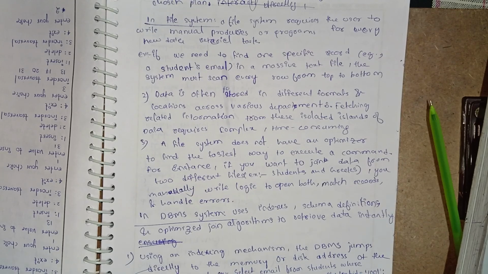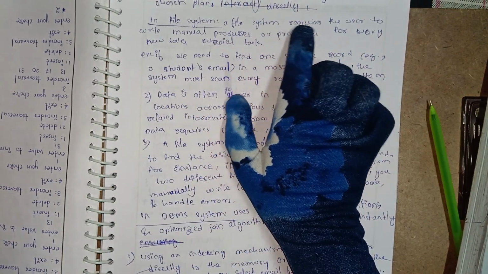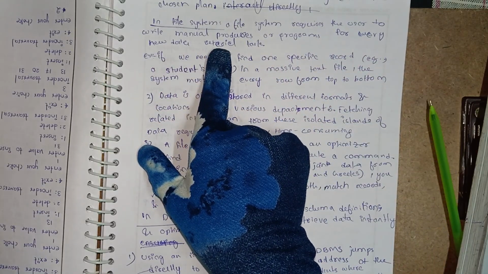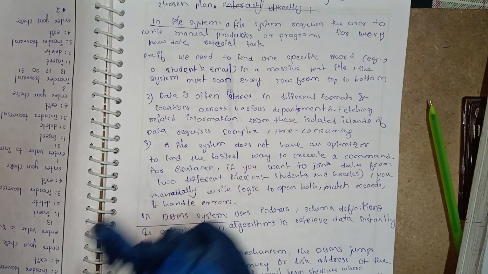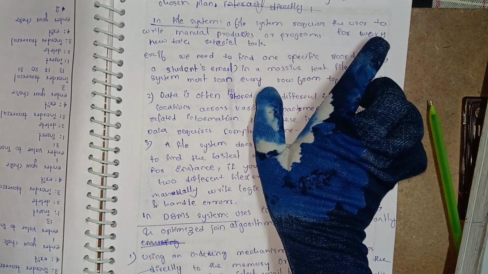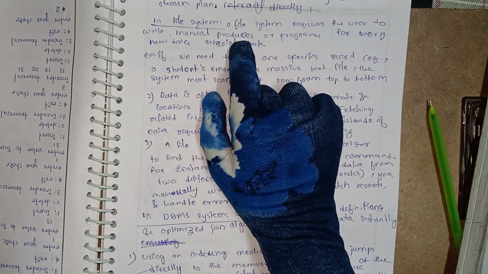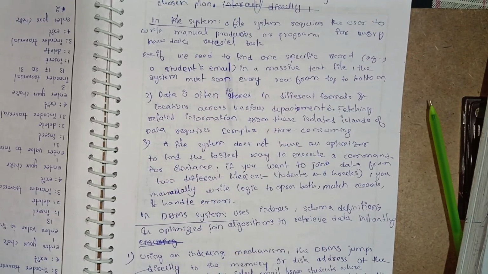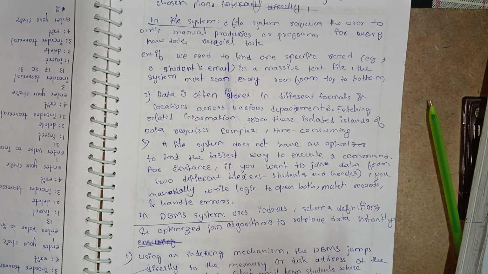In the file system, a file system requires the user to write manual procedures or programs for every new data retrieval task. Because a file system contains files, and every file is different from another file.